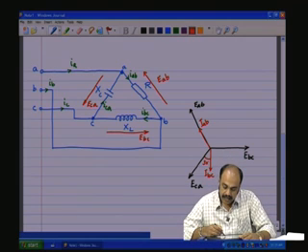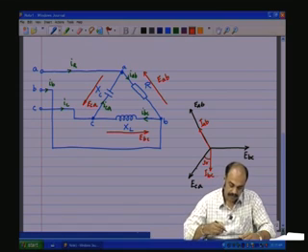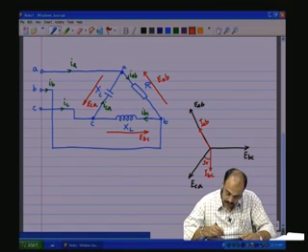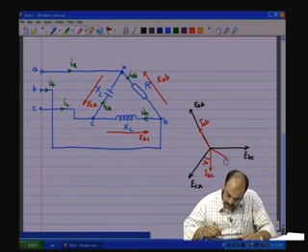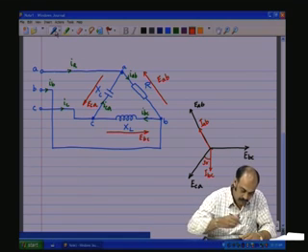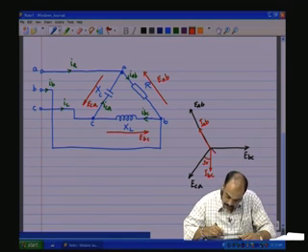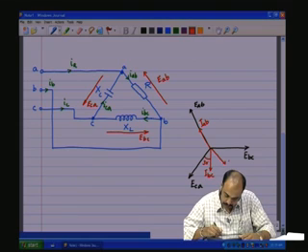So, the current has to lead ECA, and therefore, we shall draw a phasor which is 90 degrees to this ECA, and that will be ICA.